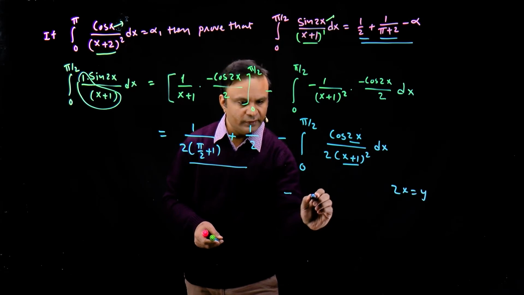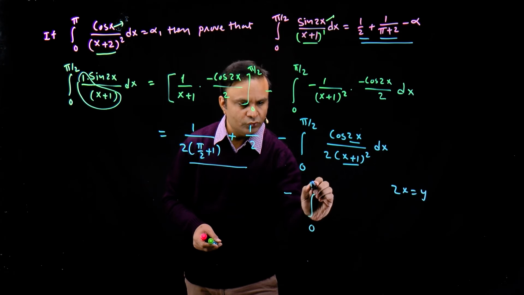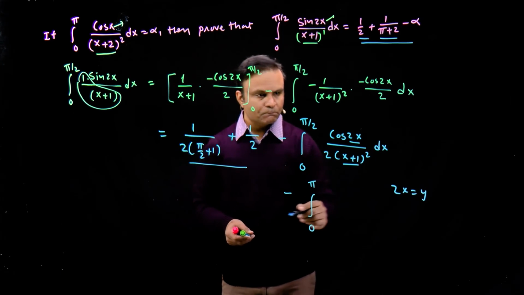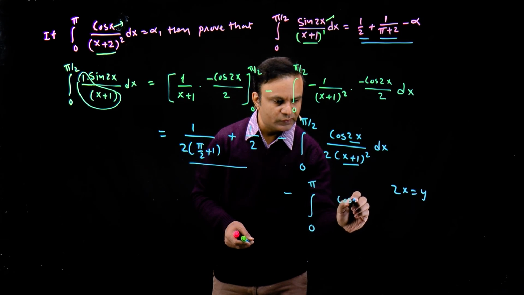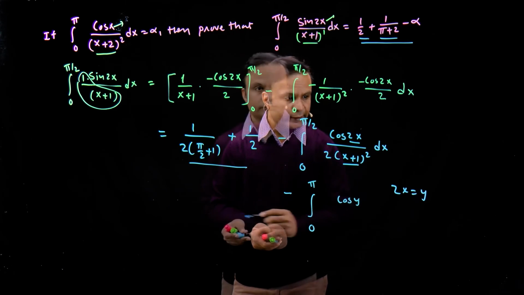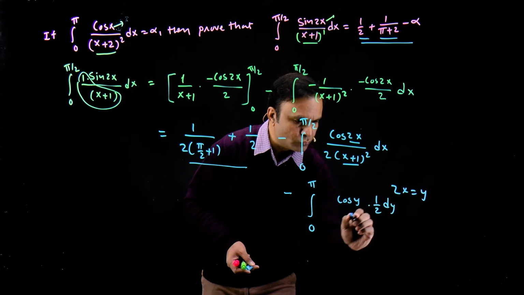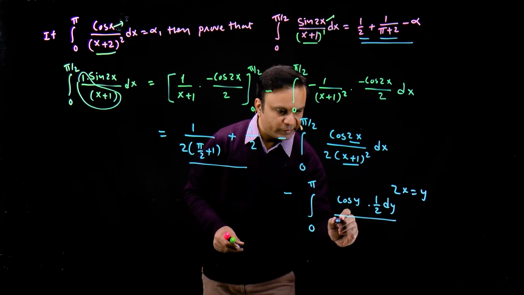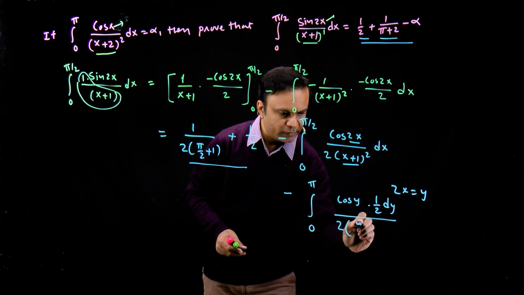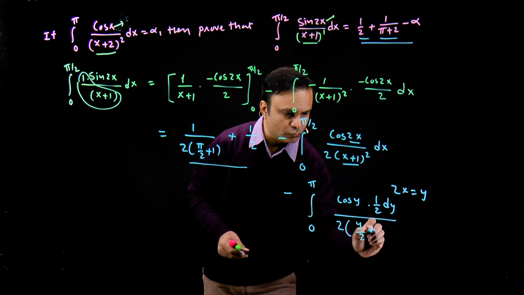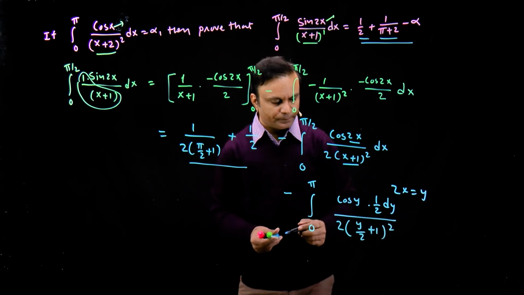So I will have limits from 0 to pi. In place of cos 2x, now I have cos y. dx is dy by 2. In the denominator I have 2 times (y by 2 plus 1) whole square.